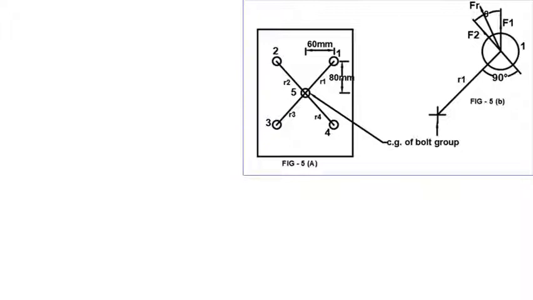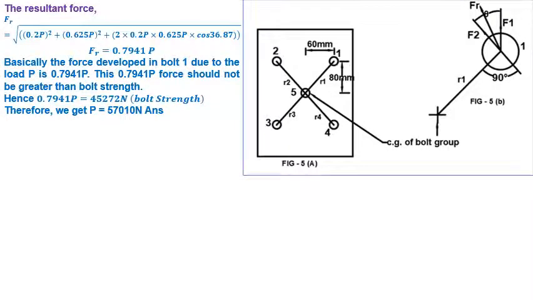So we get resultant force Fr, which equals the square root of (0.2 P) whole square plus (0.625 P) whole square plus 2 into 0.2 P into 0.625 P into cos 36.87. The resultant force is 0.7941 P. Basically, the force developed in bolt first due to load P is 0.7941 P.